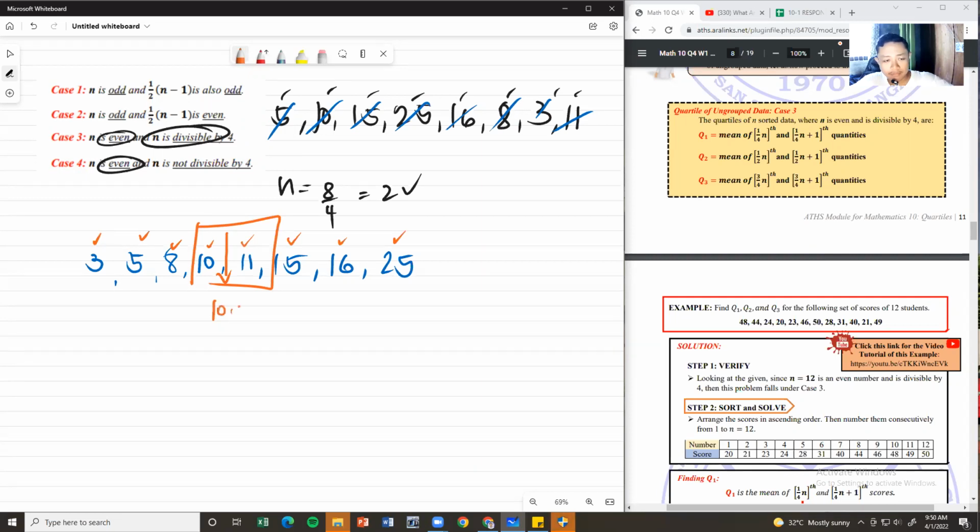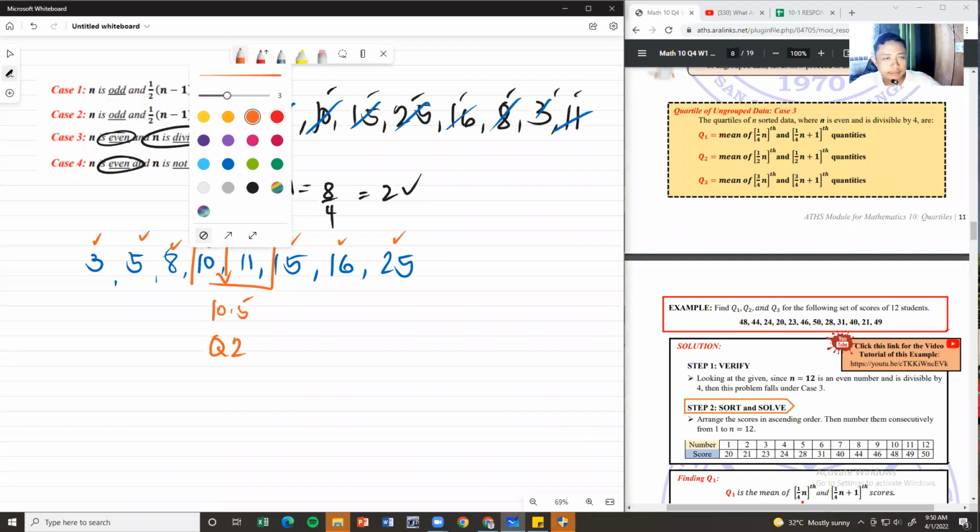So 10.5 is our quartile 2. Show me a reaction if that's clear. Very good. So that's already our quartile 2.